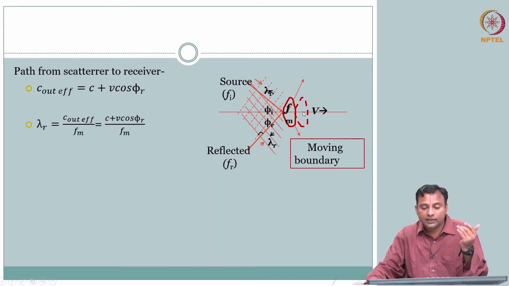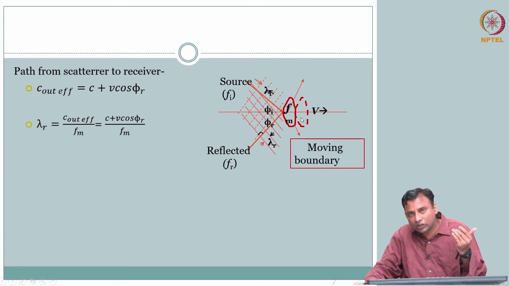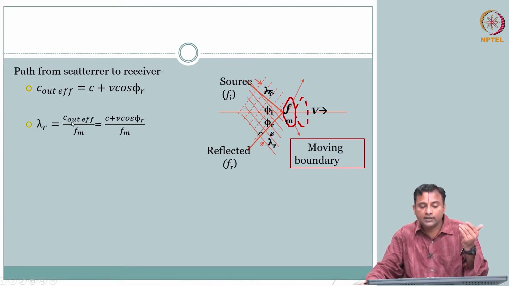But now the difference is the reflected wave is having an effective velocity based on the interface that is also moving. That is why this is c out effective by fm. Okay, so this is the lambda r. So if I substitute for my c out effective, I can get c plus v cos phi r by fm.